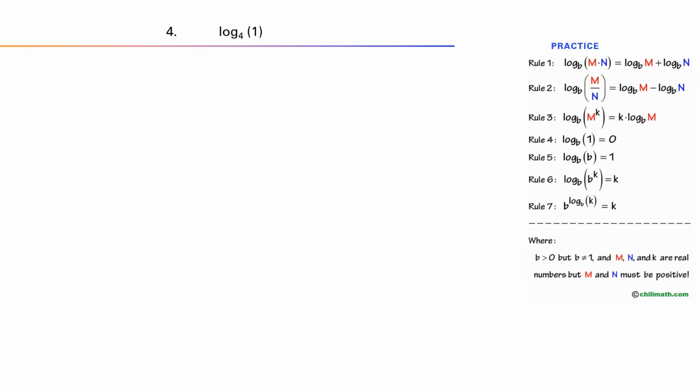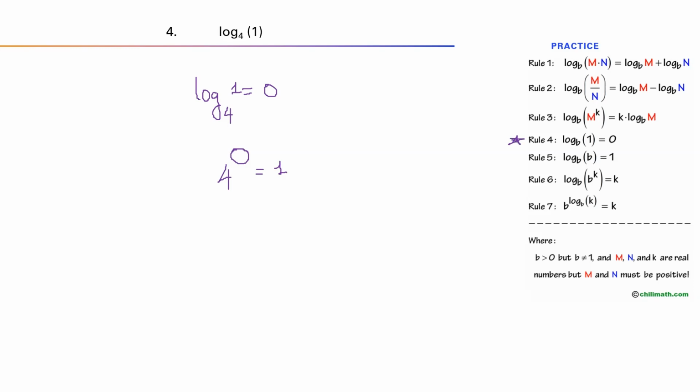Now log base 4 of 1. Log base 4 of 1 equal to, so 4 raised to what power equal to 1? 0, right? And this is rule number 4.